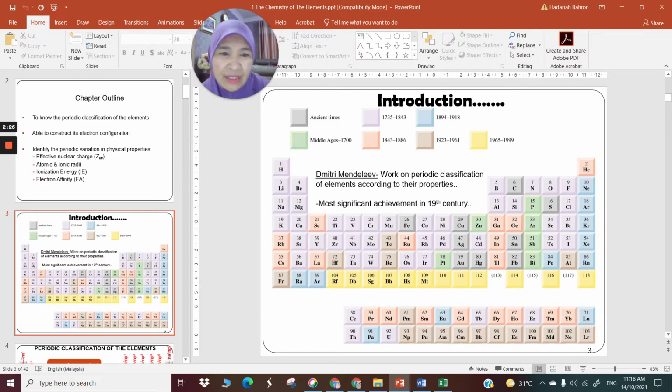If you look at the colored boxes here, you will be able to get some information on when that element was discovered. For example, the ones in yellow, which are the elements at the very bottom here, were discovered between 1965 to 1999, very recently discovered. But the ones in gray, for example, iron, gold, and mercury, were discovered in ancient times.